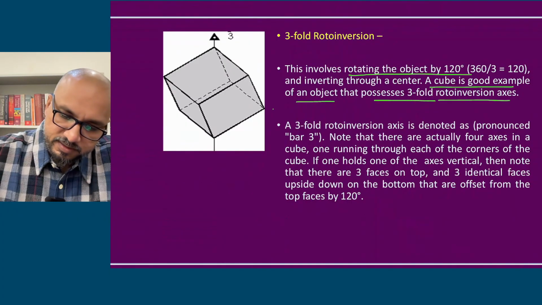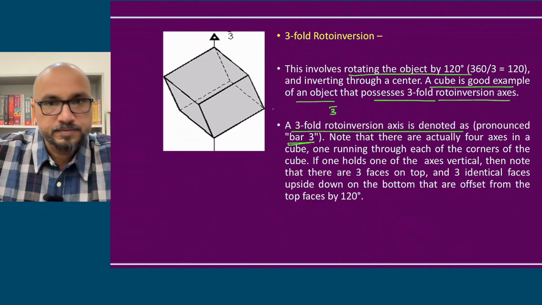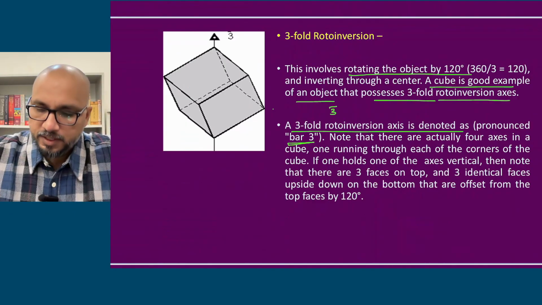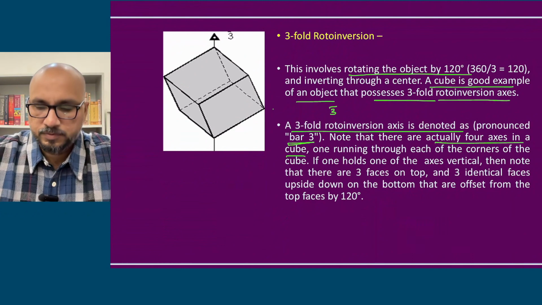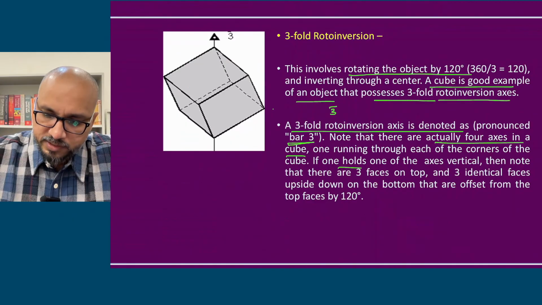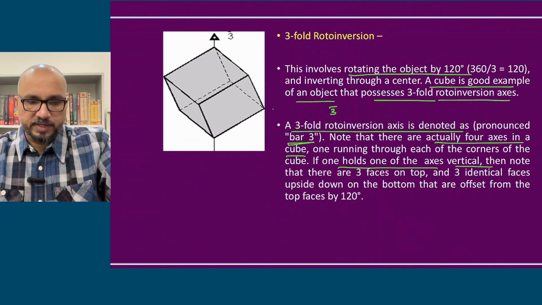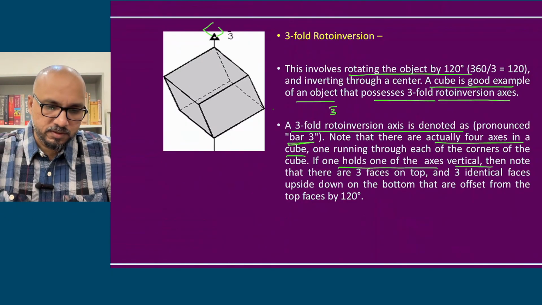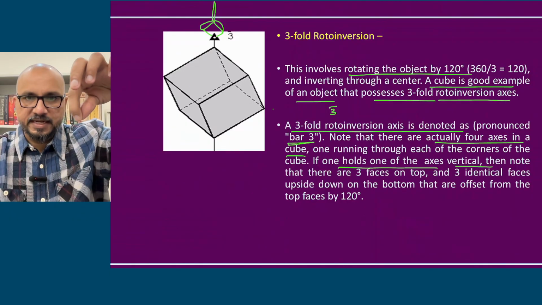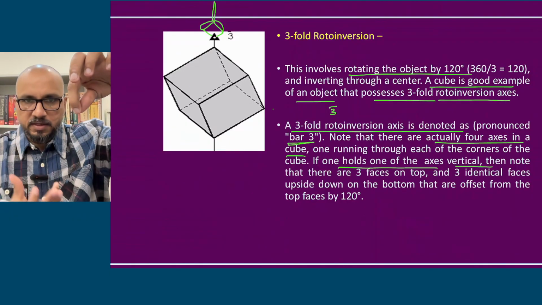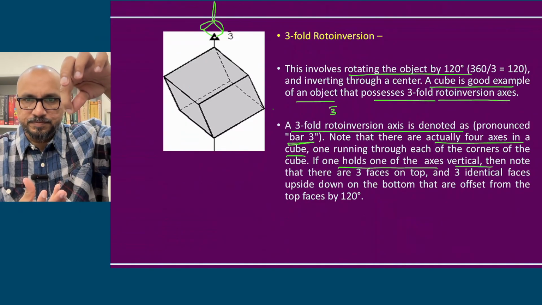A three-fold roto inversion axis is denoted by bar 3. Okay, so there are actually four such axes in a cube. If one holds one of the axes in a vertical position, if you hold it like this, there are three faces on top and exactly three faces at the bottom.